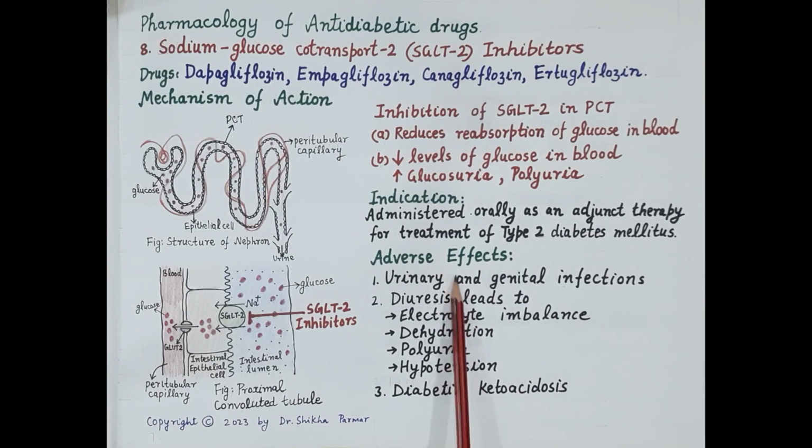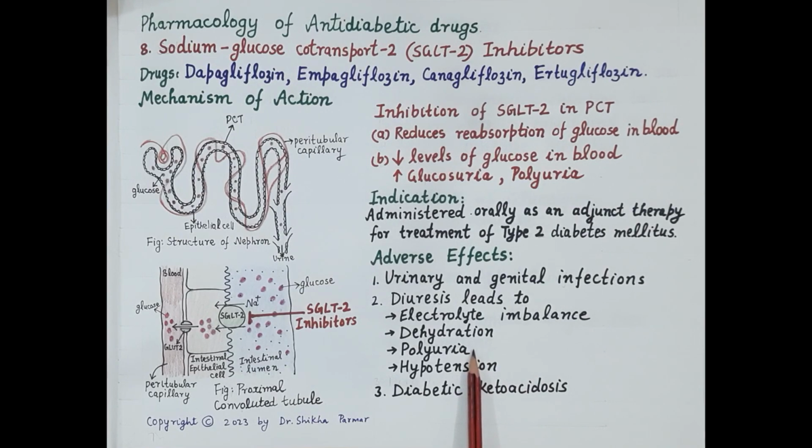Then adverse effects of these drugs. Now, glucosuria, that is increased excretion of glucose in the urine, predisposes to urinary and genital infections. Then excessive urination leads to diuresis, and diuresis leads to electrolyte imbalance, dehydration, then increased urinary frequency, that is polyuria.